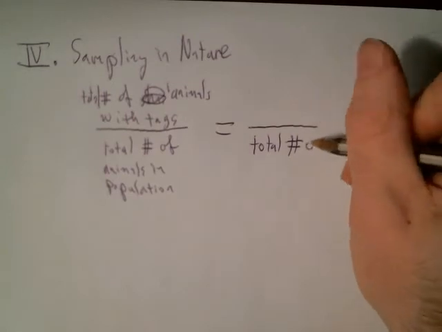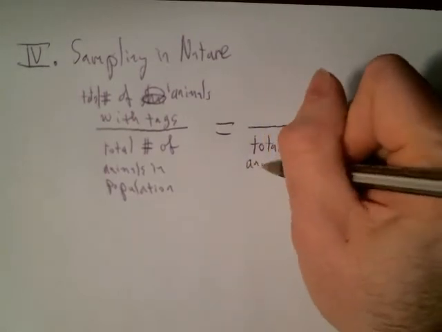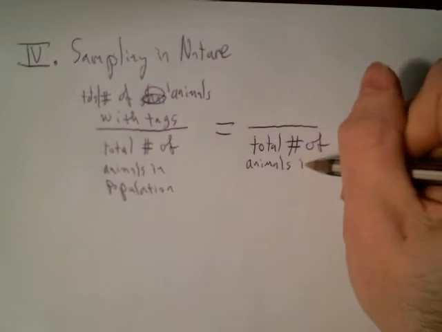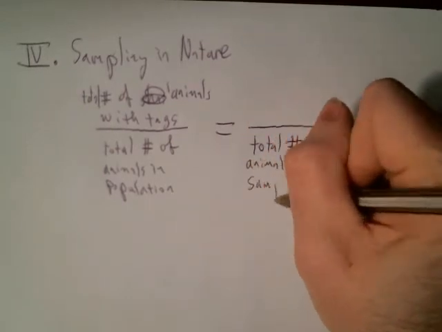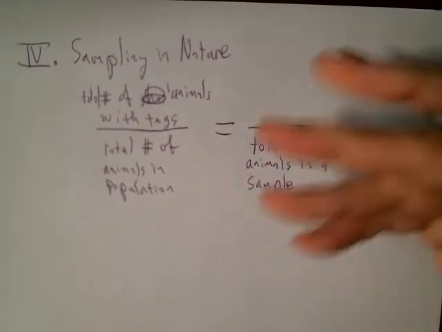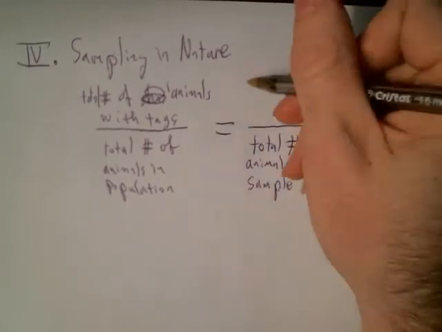So the total number of animals in a sample, maybe in your net or whatever, and then within that net, you're going to look for how many of those animals have tags.